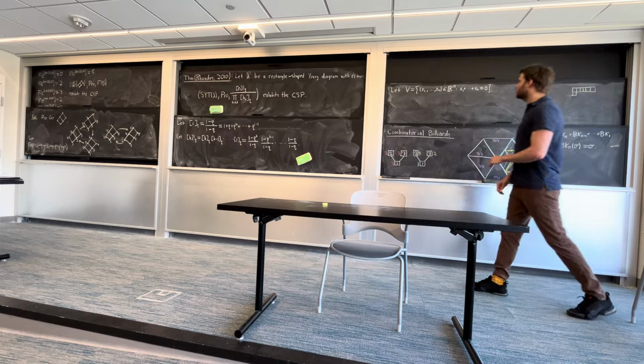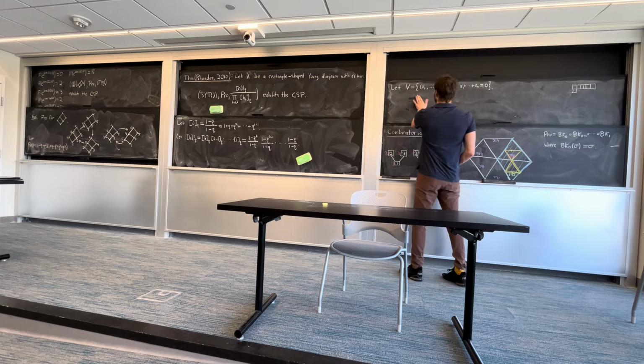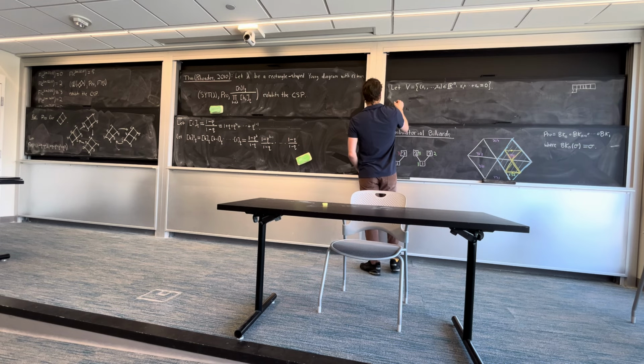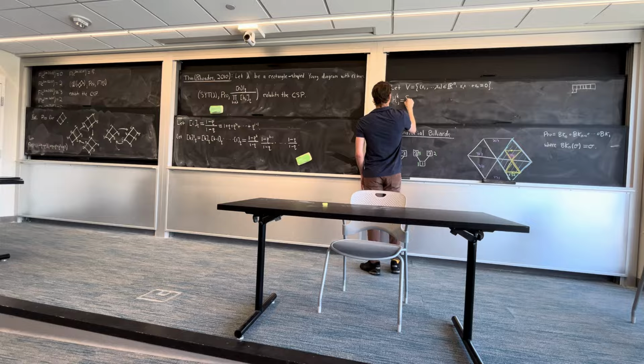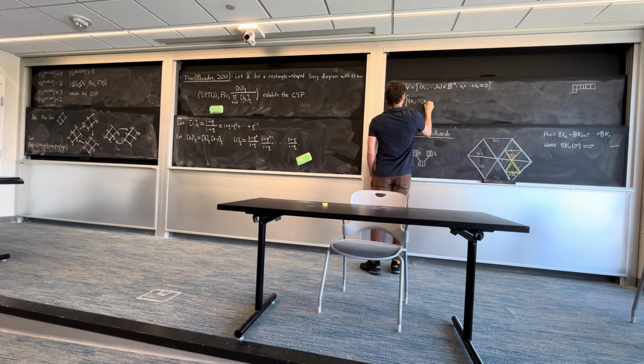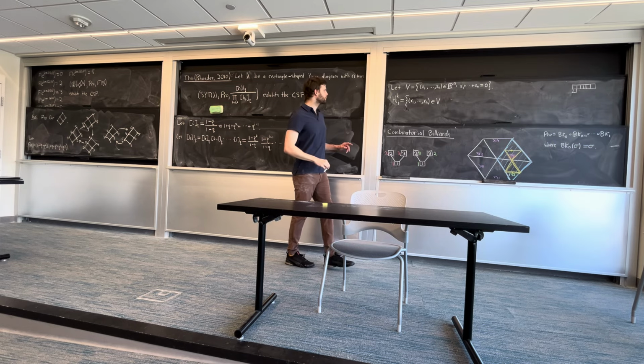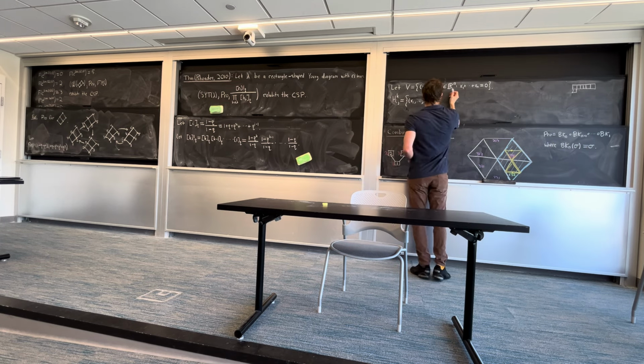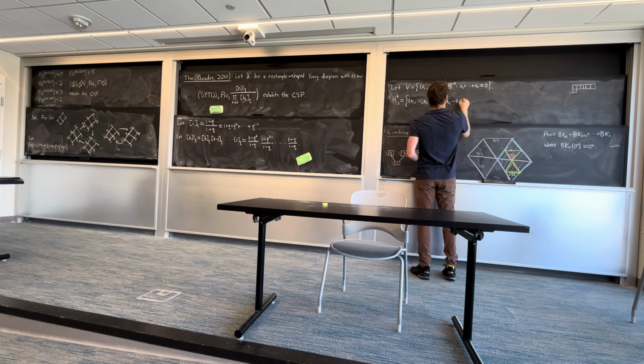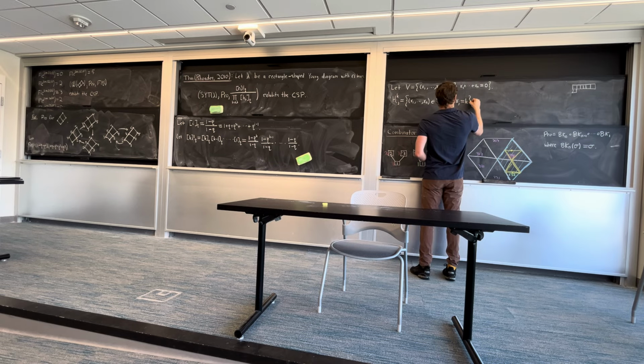And I want to consider these hyperplanes in this space, which I'll denote by h, i, j, k. This will be the set of points in V, so the sum of the coordinates is 0, such that xi minus xj equals k.